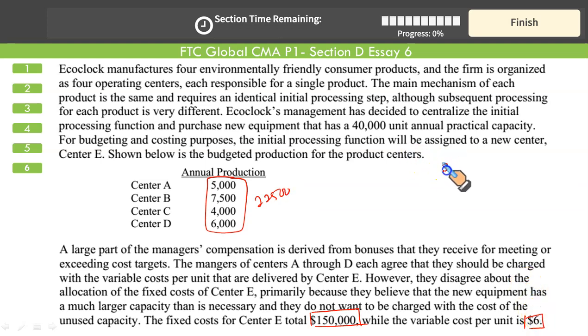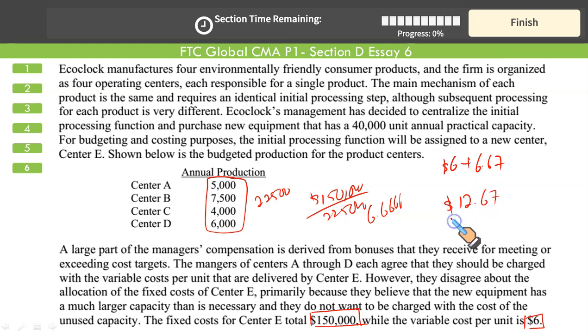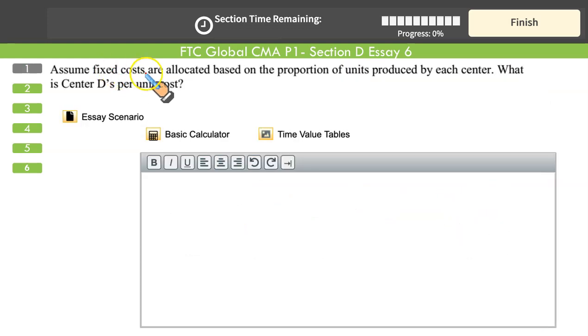This is your variable cost, $6. This $150,000 fixed cost would be allocated based upon total 22,500. So 150,000 divided by 22,500 gives you 6.6666 and so on. Adding this $6 and 6.67 gives you a total unit cost of 12.67.